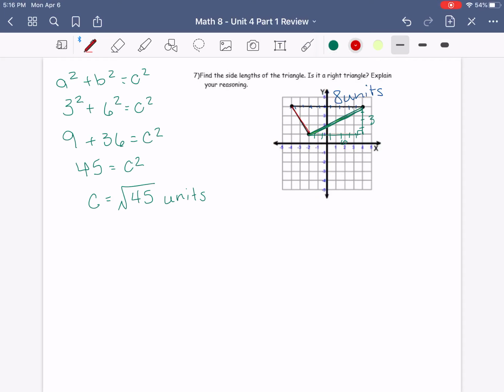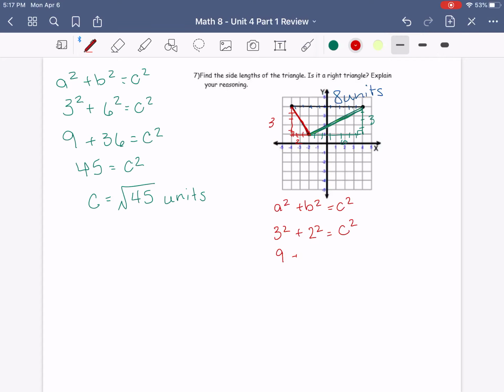So now I'm going to determine the length of this side right here, doing the same thing. I am going to drop a line here and over here, creating another right triangle. This side is 1, 2, 3 units, and this side is 2 units. So once again, using my Pythagorean theorem, I am going to determine the value of C. Oops.